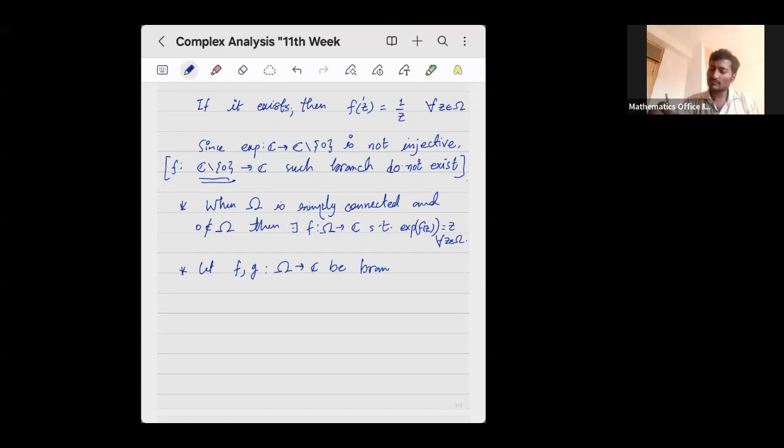If f and g are branches of logarithm, then e to the power f of z is the same as e to the power g of z, right?